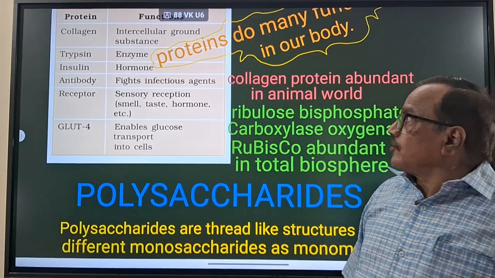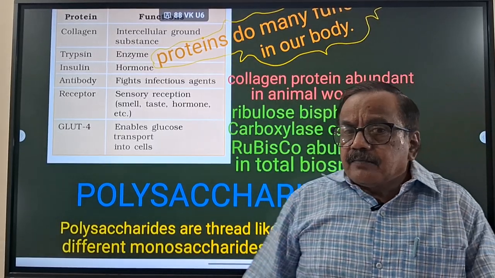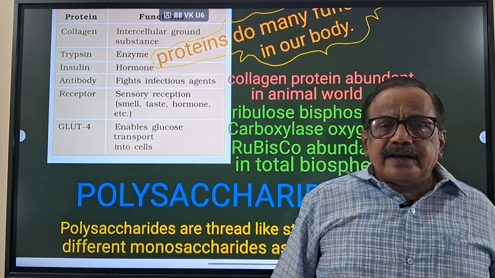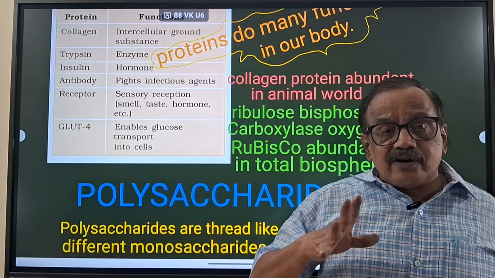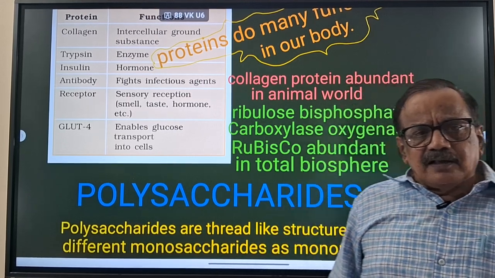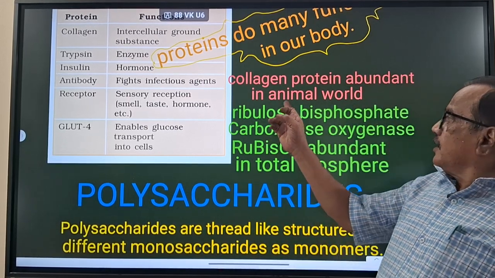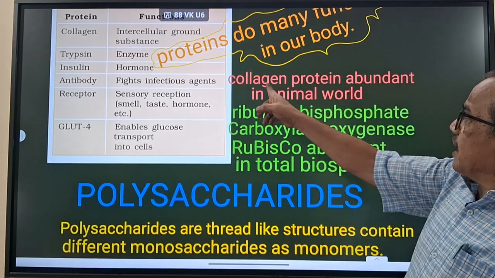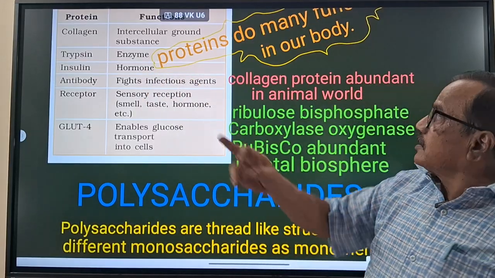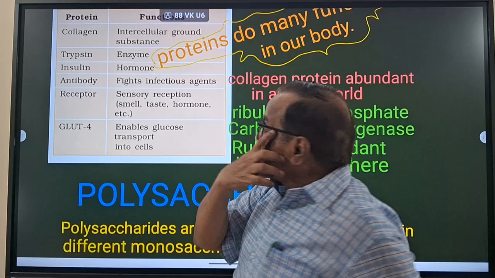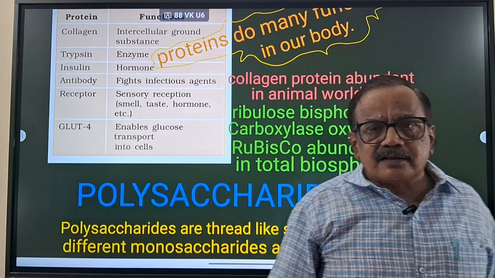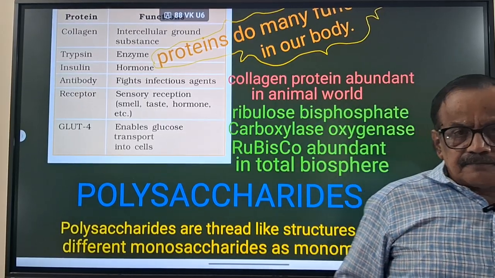Such proteins are important for living organisms. And the protein that is abundant, present in very high amounts in animals, is called collagen. There we saw that collagen is the intercellular ground substance, the intercellular cement, which attaches cells. That protein is present in the highest amount in animals.